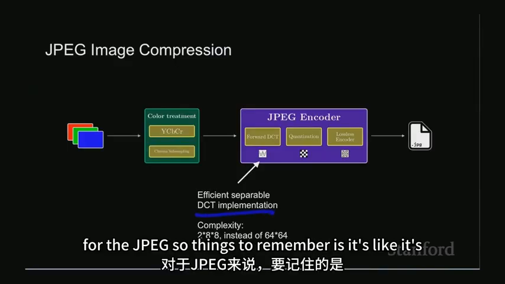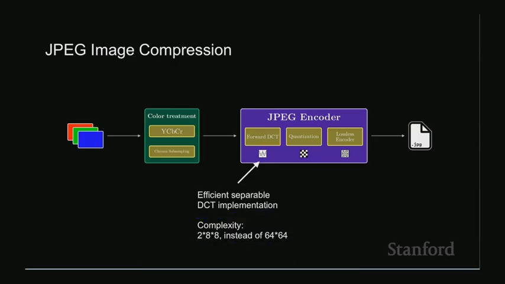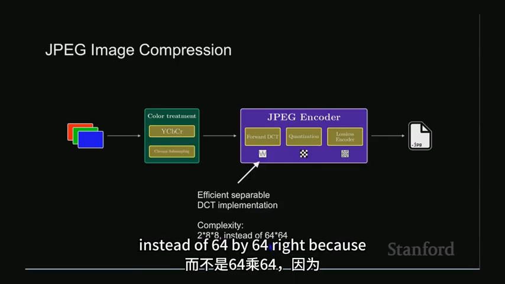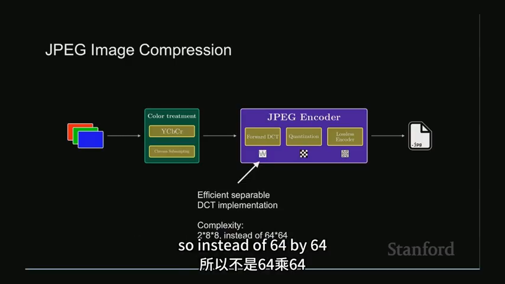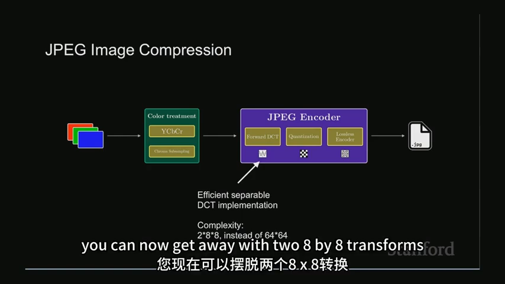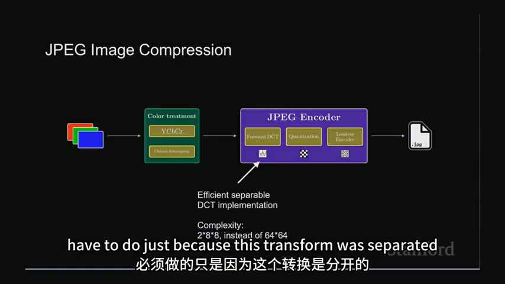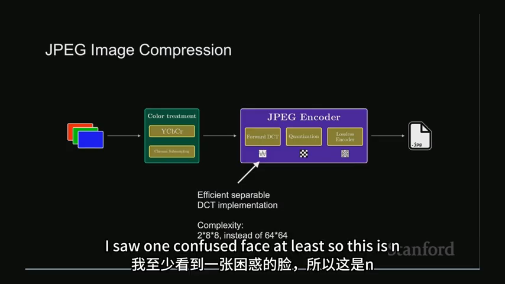So things to remember is it's very efficient, separable, right? What that means is your complexity is, instead of 64 by 64, right? Because it was n square times n square, that was the metric. So instead of 64 by 64, you can now get away with 2 8x8 transforms. So you have drastically reduced the number of operations which you have to do just because this transform was separable, right? I saw one confused face at least.